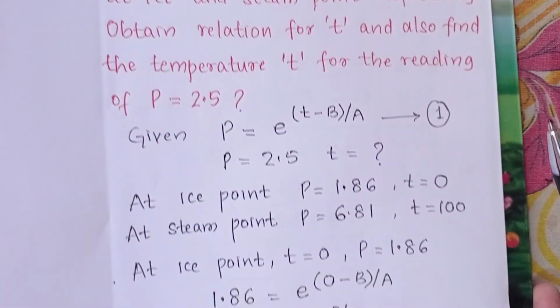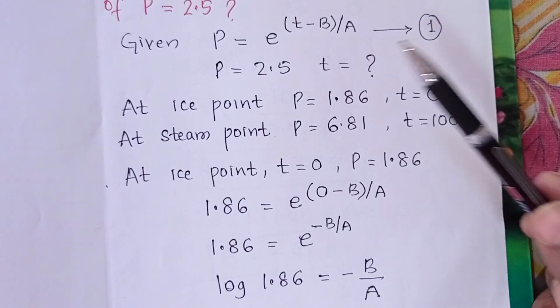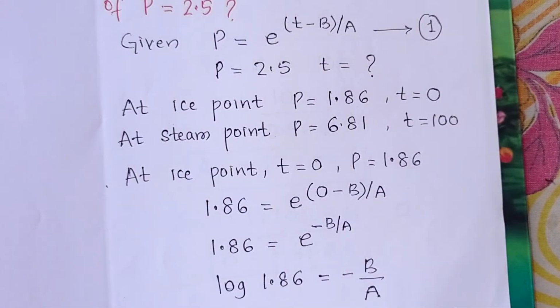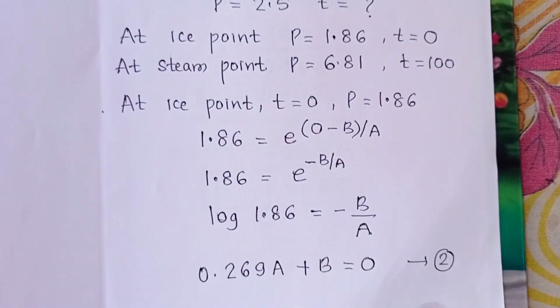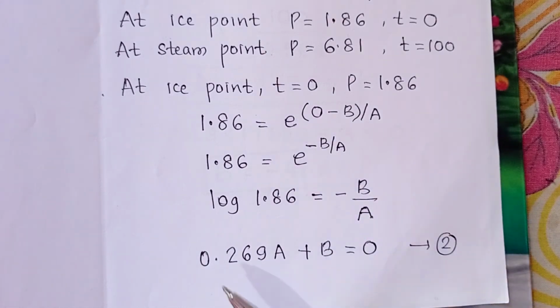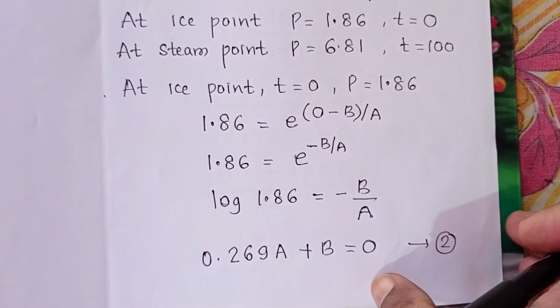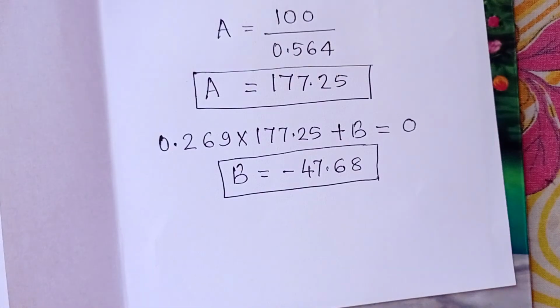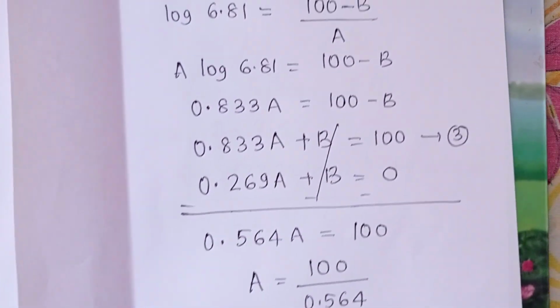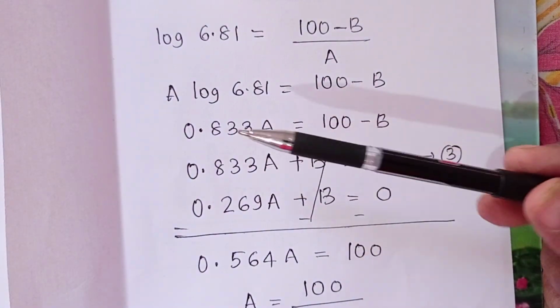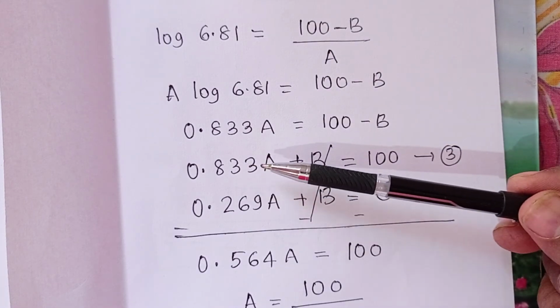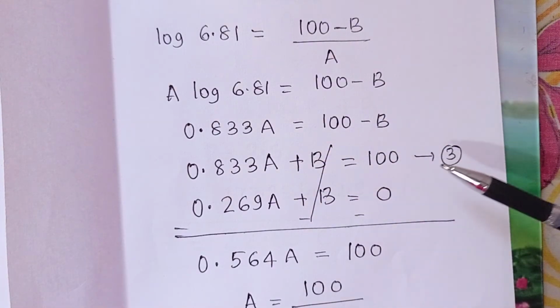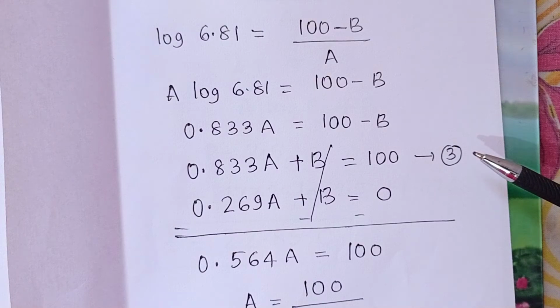So I'll take these two values, put them in the governing equation and get two simultaneous equations. The first equation for ice point is 0.269A plus B is equal to 0, and the second equation at steam point is 0.833A plus B is equal to 100.